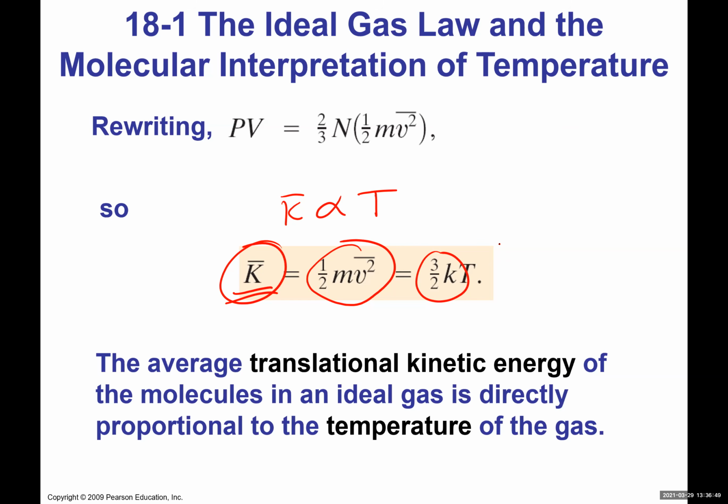You're going to see that temperature plays a really important role, especially in the next few chapters when we look at internal energy and things like that. Internal energy also depends completely on the temperature. So the average translational kinetic energy of the molecules in an ideal gas is directly proportional to the temperature of the gas.